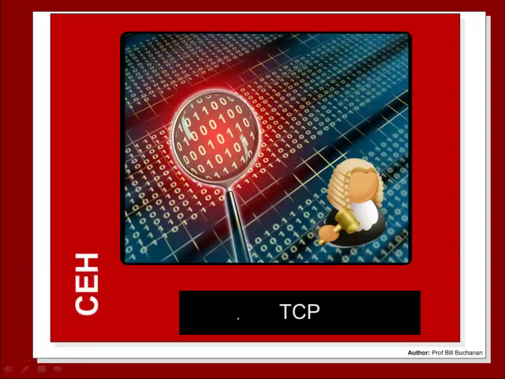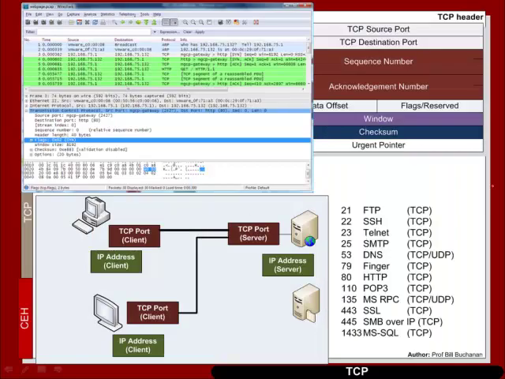Okay, so now let's look at a connection-oriented protocol, which is TCP. With TCP, it's more complex. We have a 16-bit source port and a 16-bit destination port, but we also get the concept now of a sequence number for our data segments and some sort of acknowledgement. Along with this, we have a number of flags that we can use to identify the state of the data connection, a window, checksum, and so on.